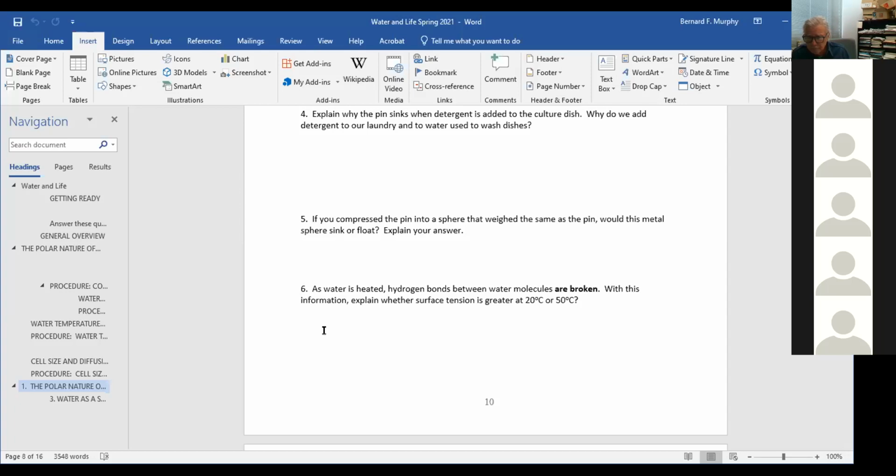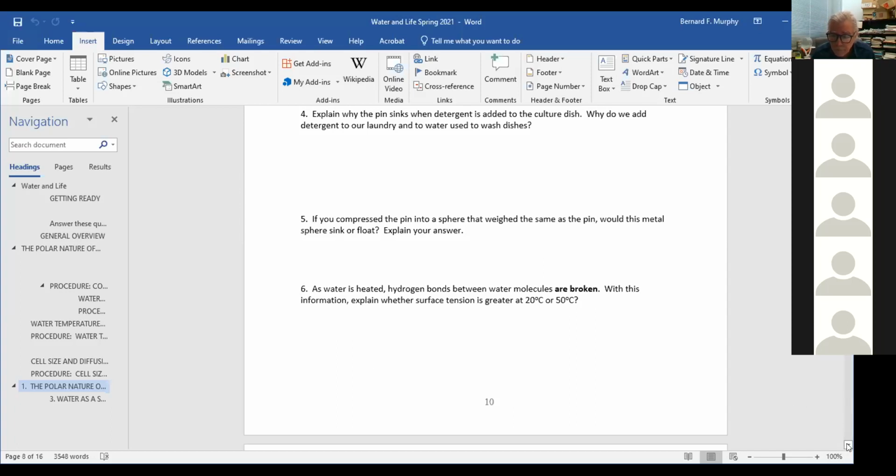Surface tension would be greater at 20 degrees. Yeah, because there are more hydrogen bonds. So there's an inverse relationship between the surface tension of water and the temperature. The greater the temperature, the lower the surface tension. And if you bring water to boiling, you break so many hydrogen bonds that the molecules escape in huge quantities into the air. And that, of course, is steam, right?